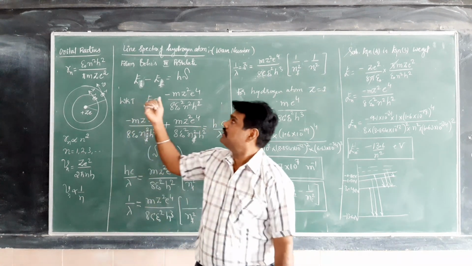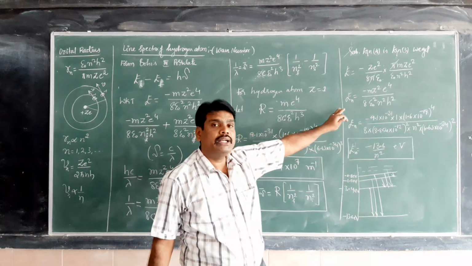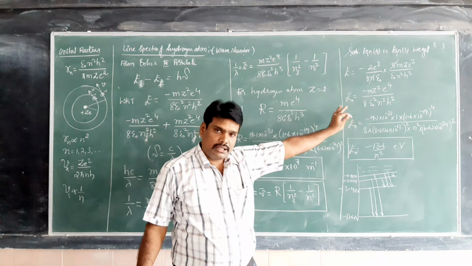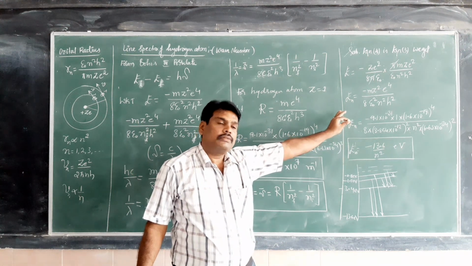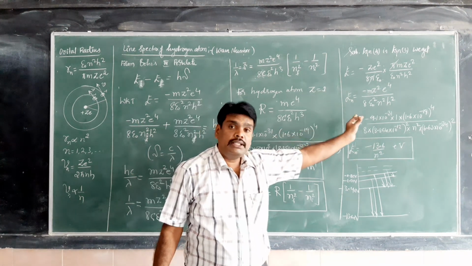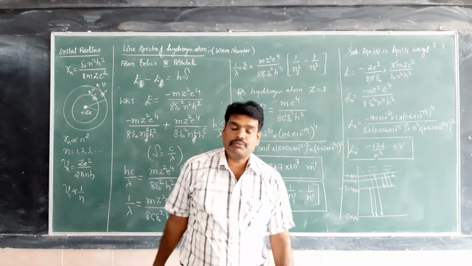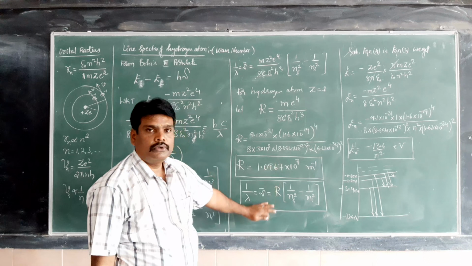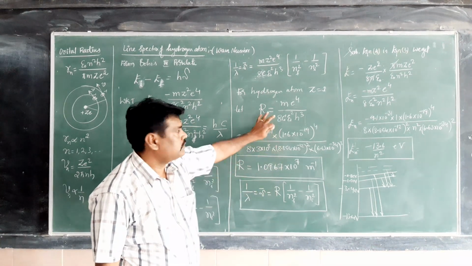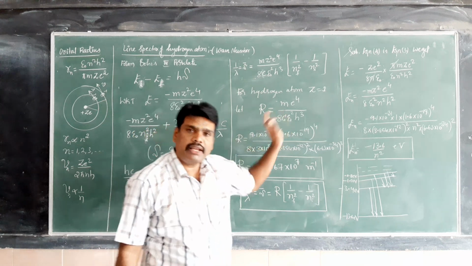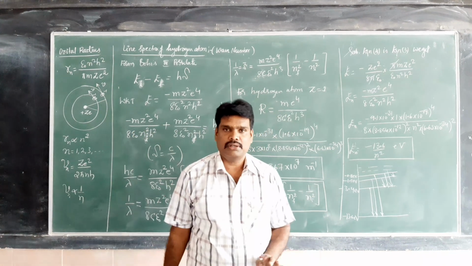The third derivation is the orbital energy of the electron revolving in the stationary orbit, and the last one is the wave number, and also the derivation for the Rydberg constant. These derivations are very, very important for the examination.